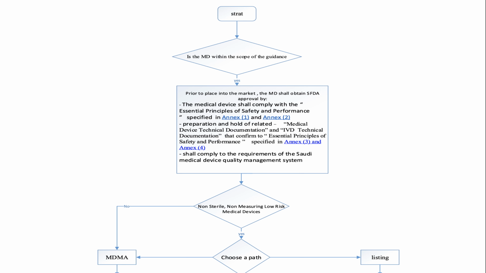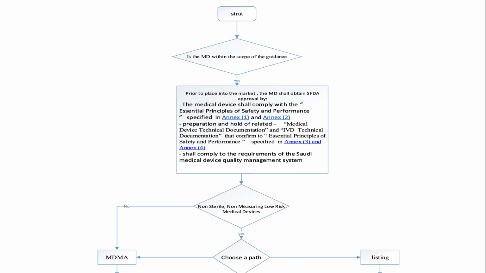What are those studies? Prior to placing your product into the market, the medical device shall obtain the SFDA approval by ensuring that the MD complies with the essential principles of safety and performance as specified in Annex 1 and Annex 2. This Annex 1 and Annex 2 I am going to discuss in a subsequent lecture, so please bear with me.